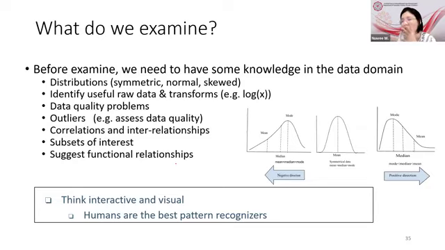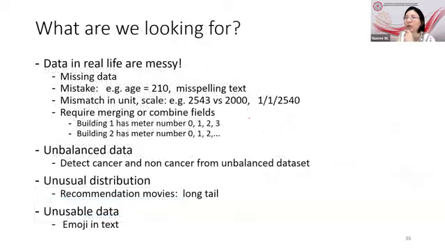Okay, so think visual. Humans are the best pattern recognizers. What are we looking for? We are looking for something that is messy in the data. We know the data is messy. We may look for something that is missing. We may look for misspellings, mistakes, some typos. We may look for some mismatch in the unit, or maybe the format of the date that we talked about before, right?